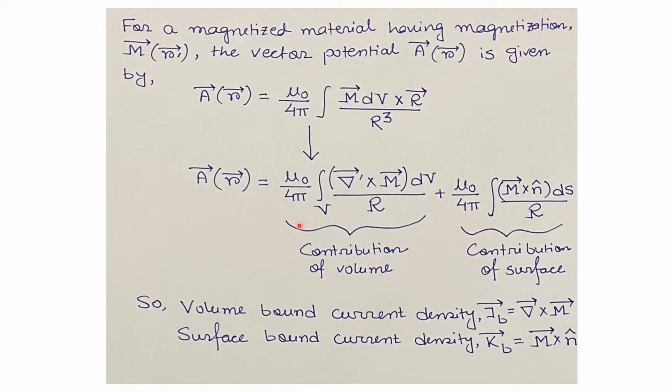And from the first part, this curl of M is basically your volume bound current density, and in the second term the M cross n cap, this is your surface bound current density. Hence the volume bound current density is defined as Jb equals curl of M vector, and surface bound current density is Kb equals M cross n cap.